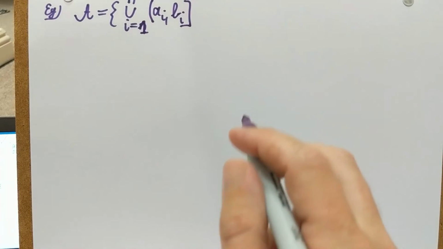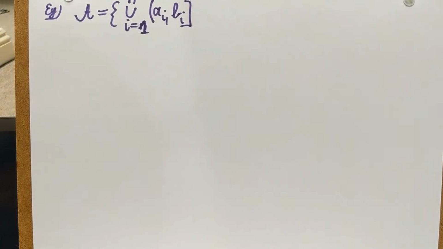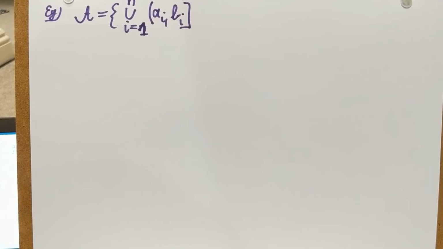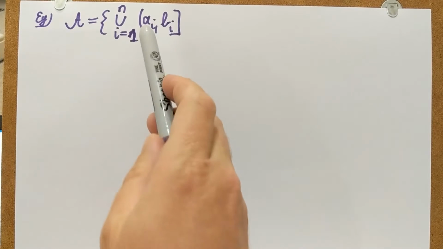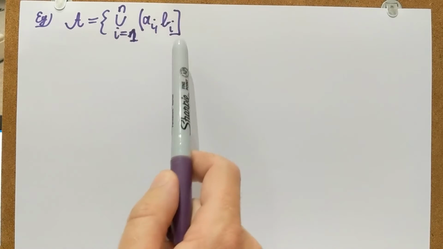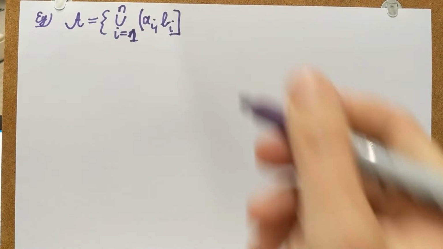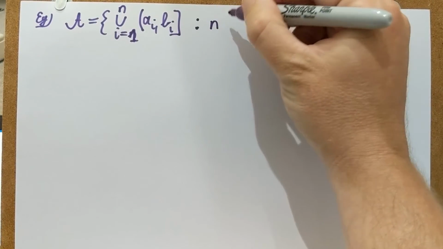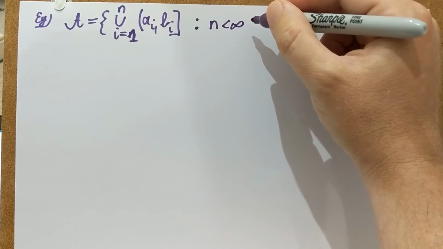I'm going to write this out explicitly. First I'm going to try to show you the top of the page as well. Okay, so I'm going to take real numbers ai and bi. I'm going to take intervals which are open on the left, closed on the right, and then take finite unions of these, where n is a finite integer.